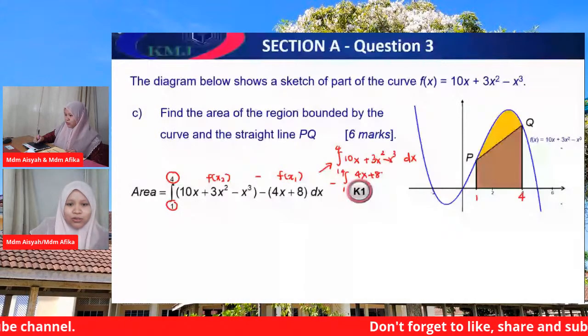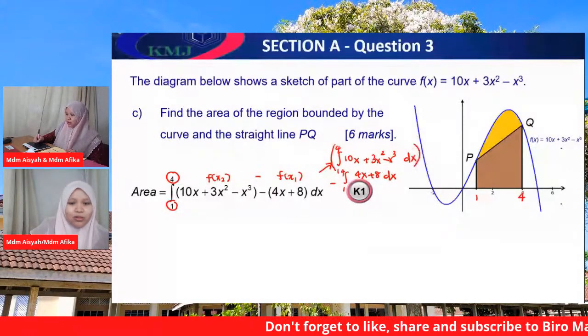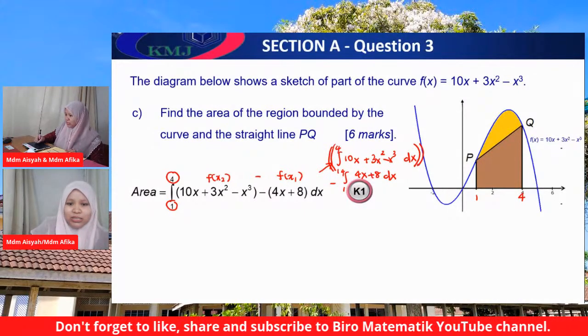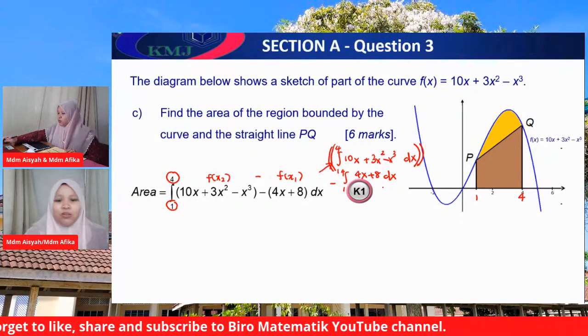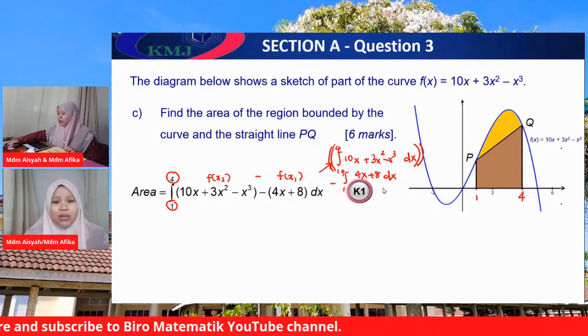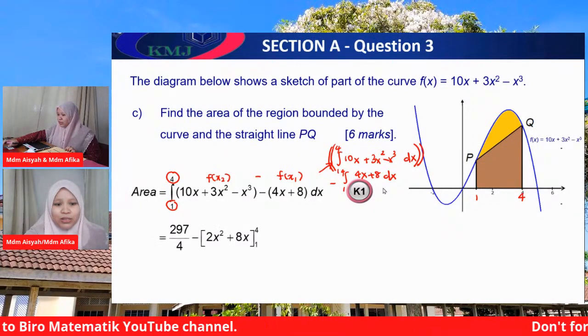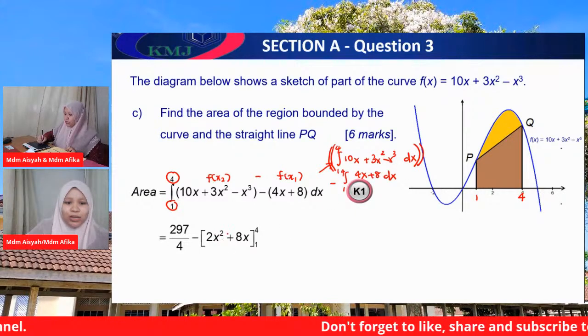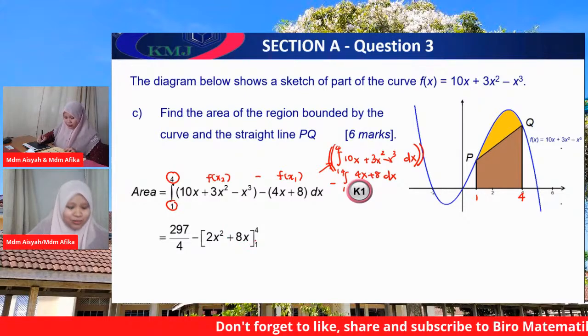The first one, we already got its value from part B. So we just evaluate the integration of 4x plus 8. Integrating 4x plus 8, we get 2x squared plus 8x.